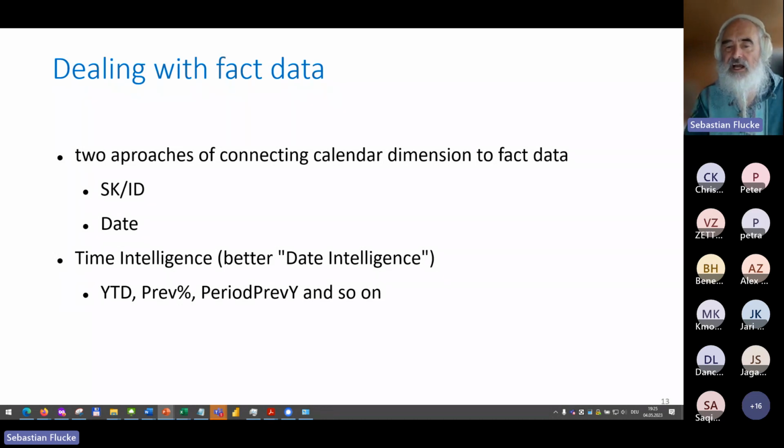But it's not regarding time, it's all regarding date. So the better term may be date intelligence, but nobody calls it date intelligence for whatever reason. That kind of time or date intelligence means time-related calculations, calculations regarding the time going on.